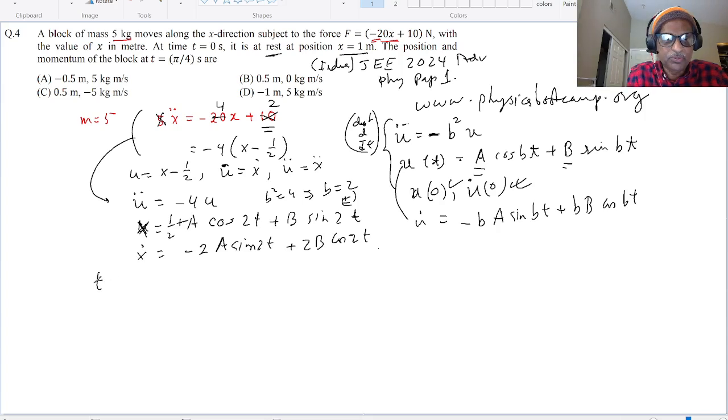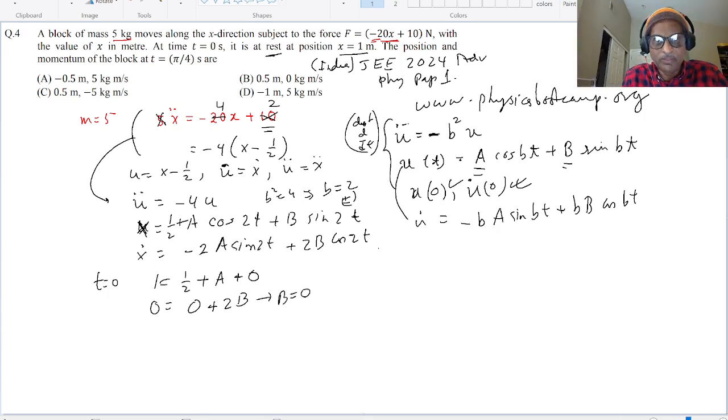So at t equal to 0, these conditions become 1 equals half plus a plus 0, and 0 equals 0 plus 2b. So b is 0. If you start from the initial condition at rest, in these problems b will always be 0. So that confirms this. And a is just how much it's displaced: 1 minus half is half.